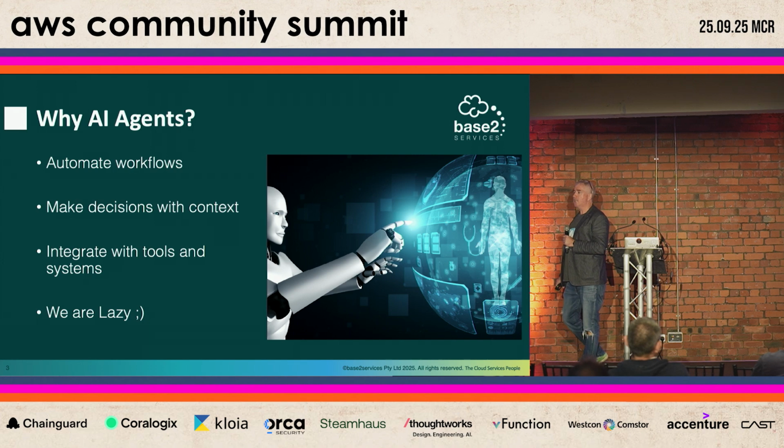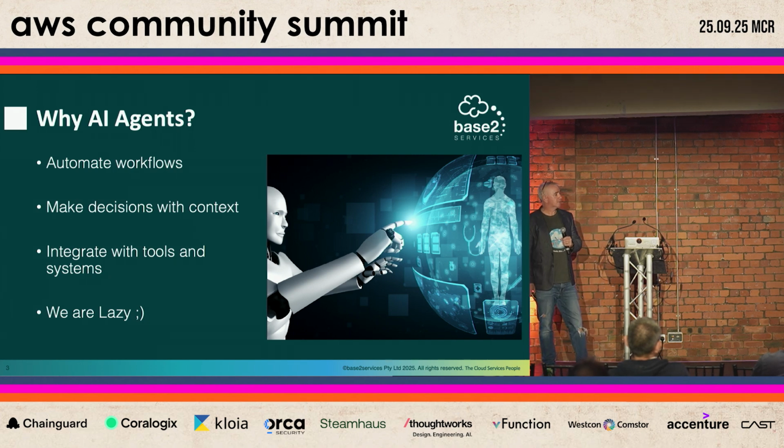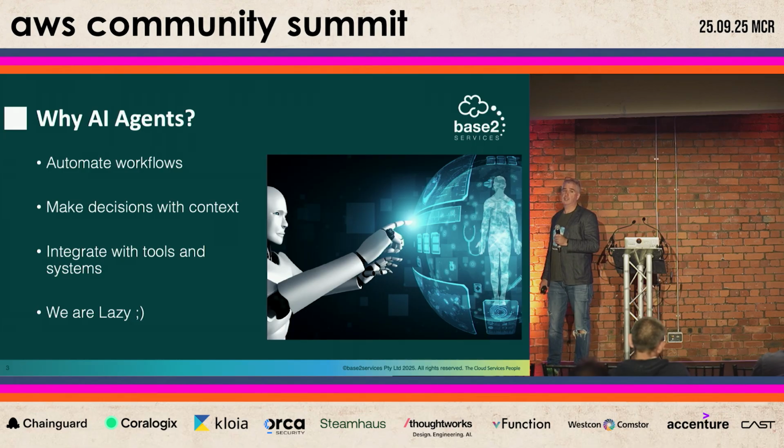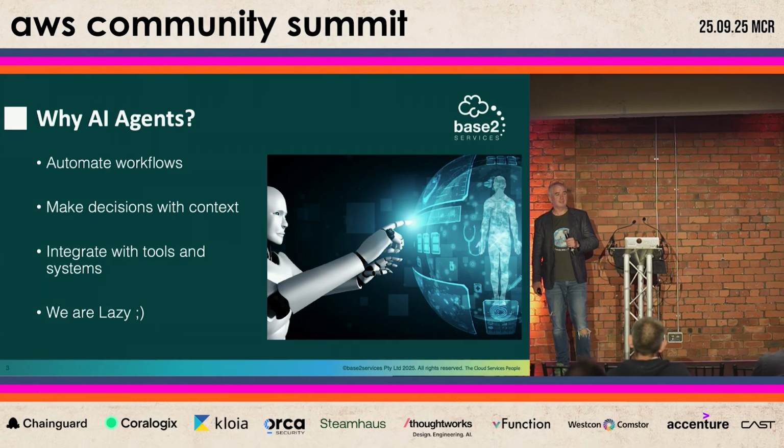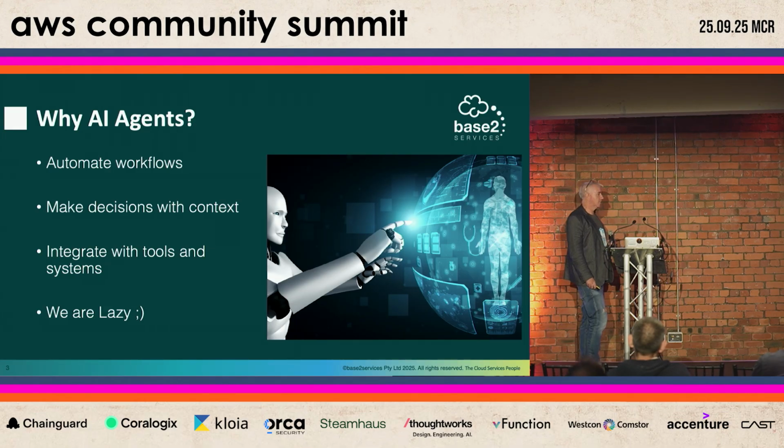How do we make the agent aware of those systems and tools and give it the insight to say when it is appropriate to use a particular tool and when it's not? And we want to do this because we're lazy, right? We don't want to do work. We want machines to do work. So this is the next phase of how we be more lazy, right? But constructively lazy, not just lazy for lazy's sake.